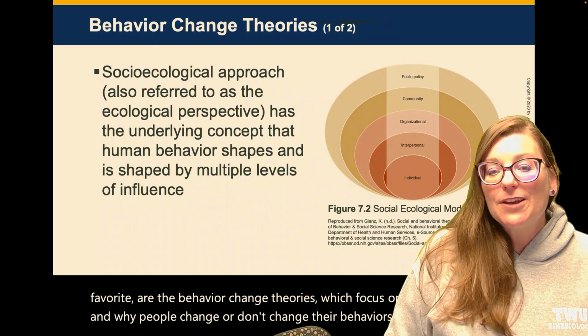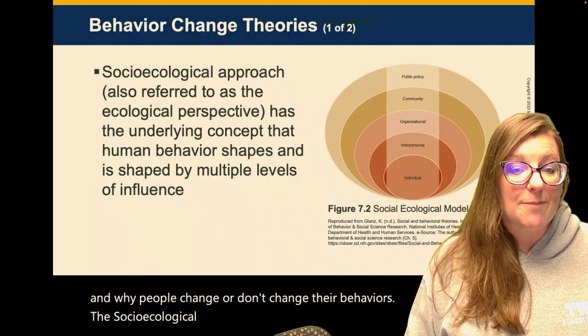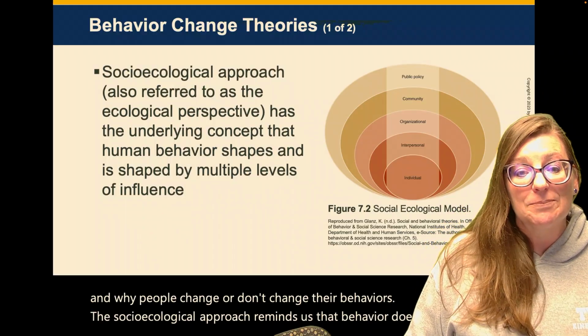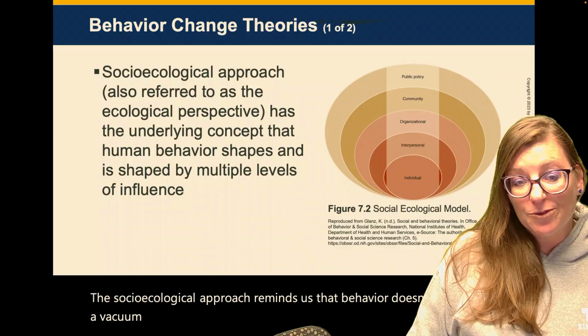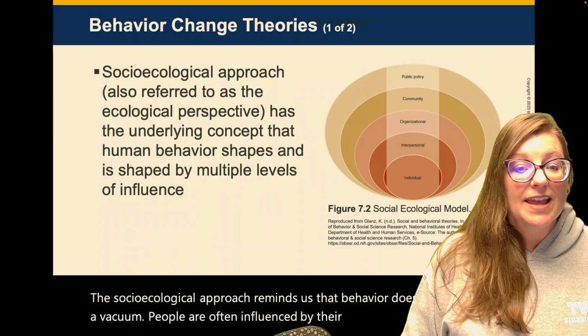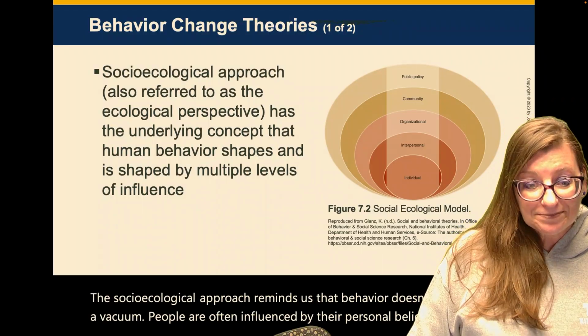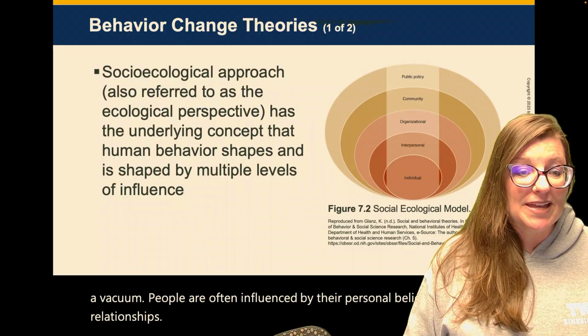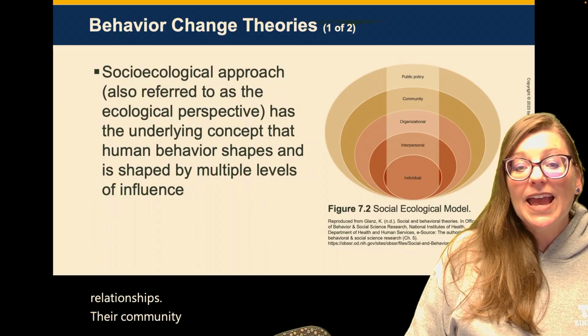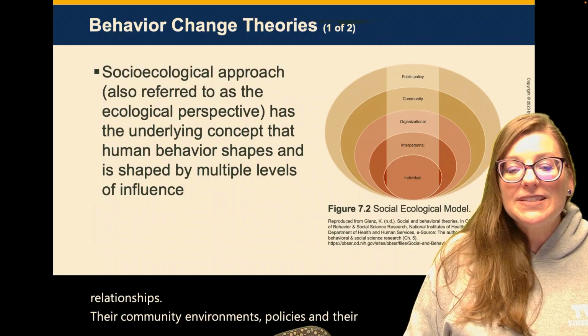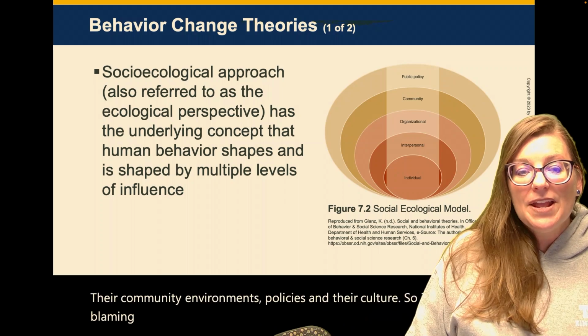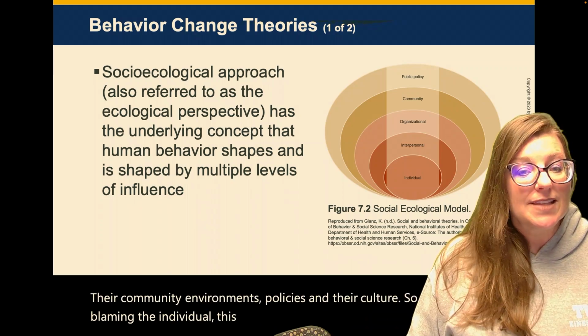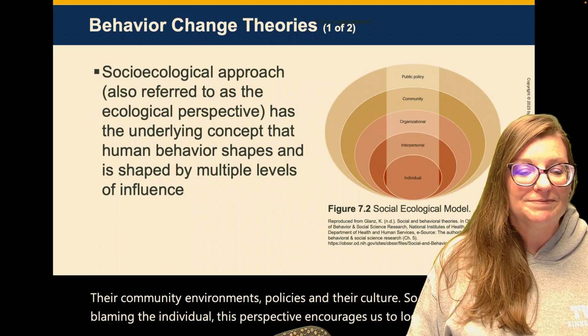The socio-ecological approach reminds us that behavior doesn't happen in a vacuum. People are often influenced by their personal beliefs, their relationships, their community environments, policies, and their culture. So instead of blaming the individual, this perspective encourages us to look at the bigger picture.